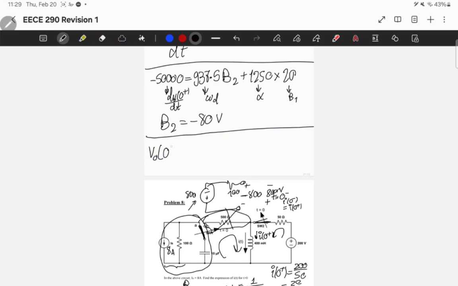So v0 at t, for any time t, not at 0 plus, is equal to v0 at infinity, which is 0 so I don't include it, exponential minus 1250t times b1, which is 20, cosine omega d, so 937.5t, minus 80, which is b2, sine 937.5t, and this is my answer in volts.